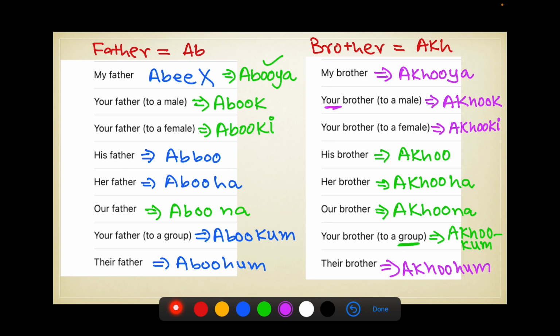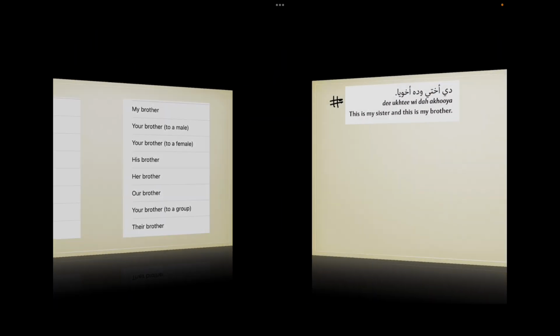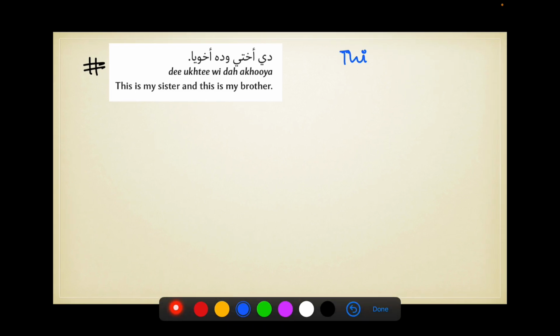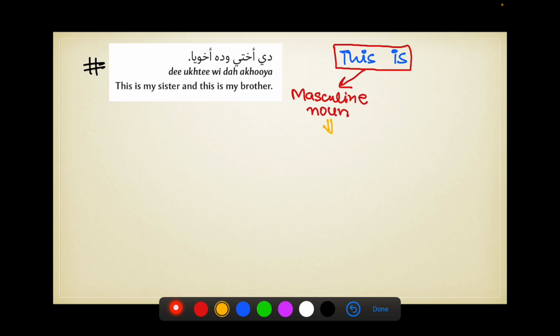You can compare these two tables with what we learned previously on the previous page. We will learn the use of this is. If you are talking about a masculine noun, you will have to use da.